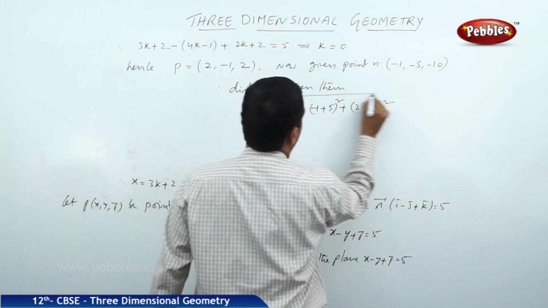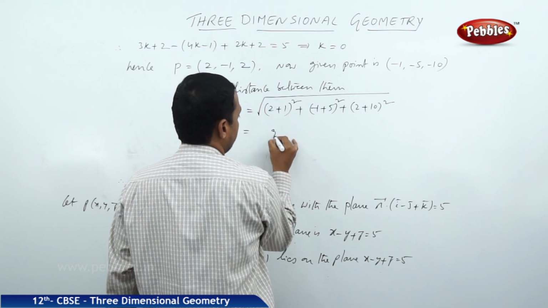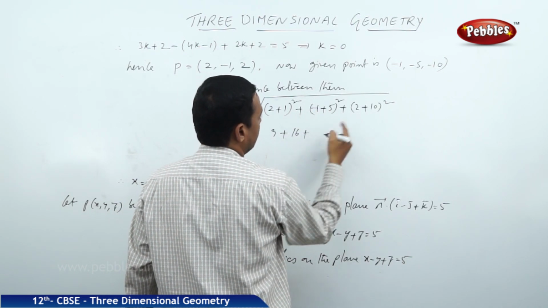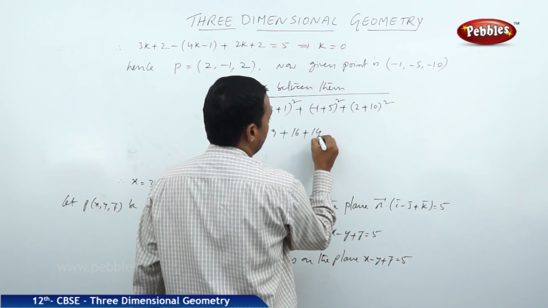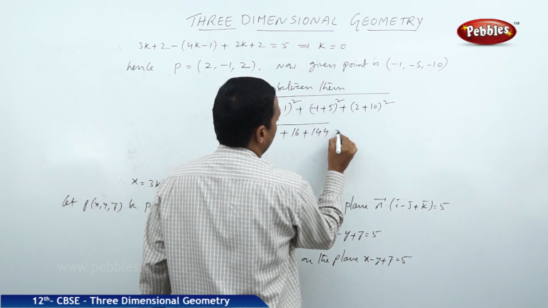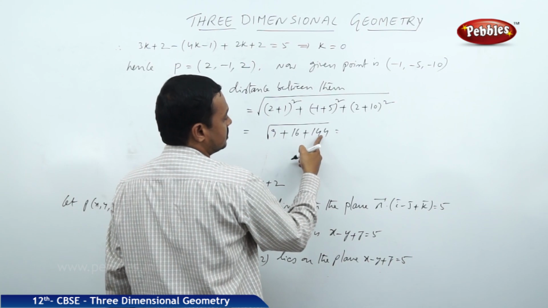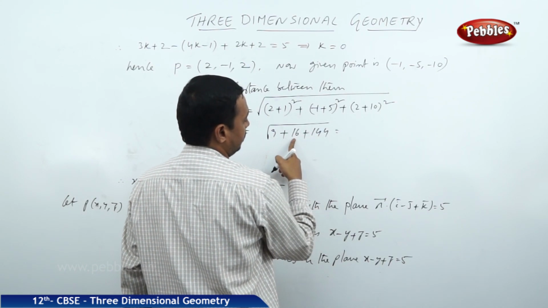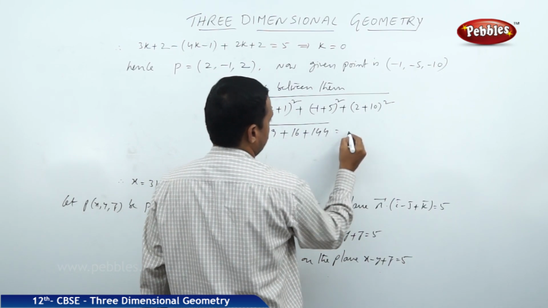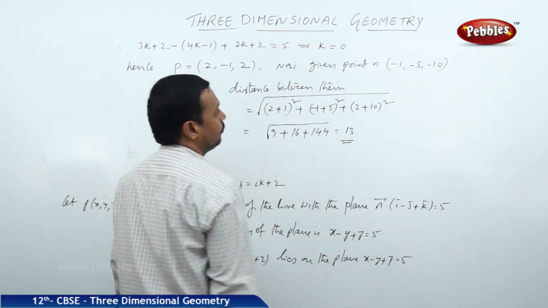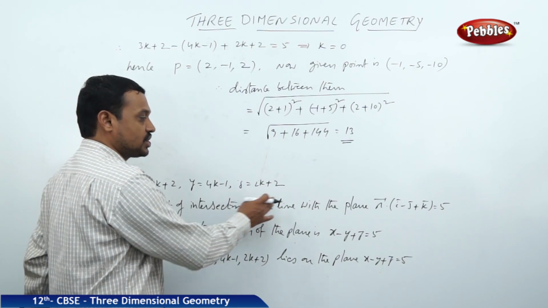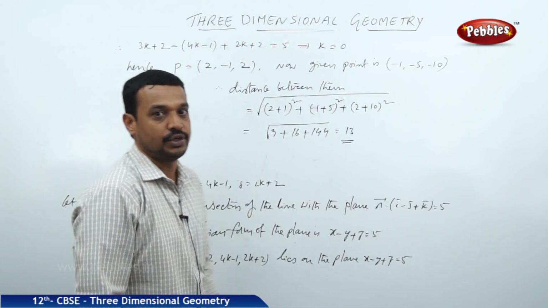Therefore, it is 3 square, 9, plus 4 square, 16, plus 12 square, 144, under root. Now what is this? It is 144 plus 16, 160, plus 9, 169, so 13 units. Therefore, the distance of the given point from the point of intersection of the line and plane is 13 units.